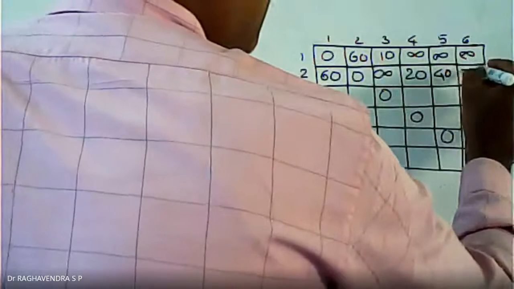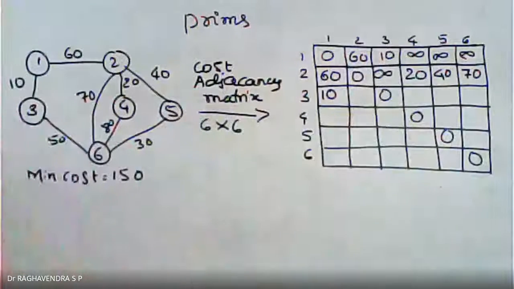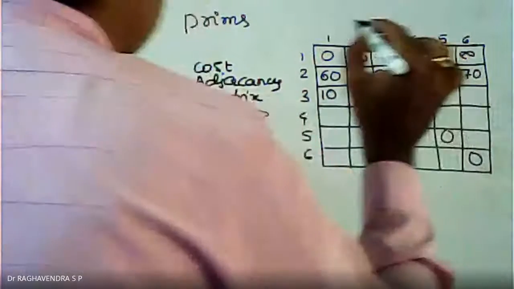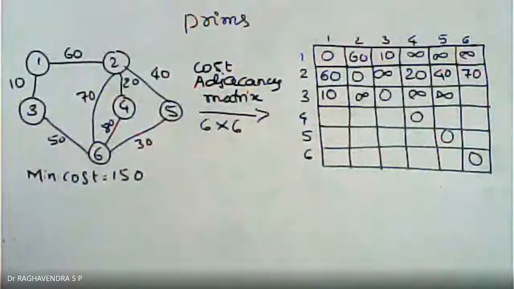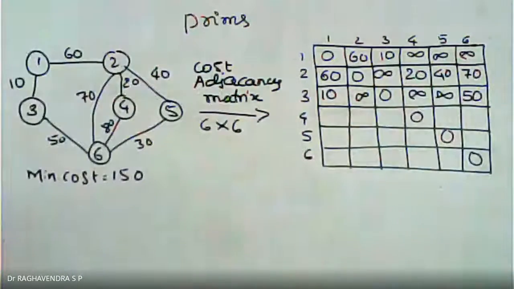Very good. 3 to 1? 10. 3 to 2? Infinity. 3 to 4? Infinity. 3 to 5? Infinity. 3 to 6? 50. Next, 4 to 1?